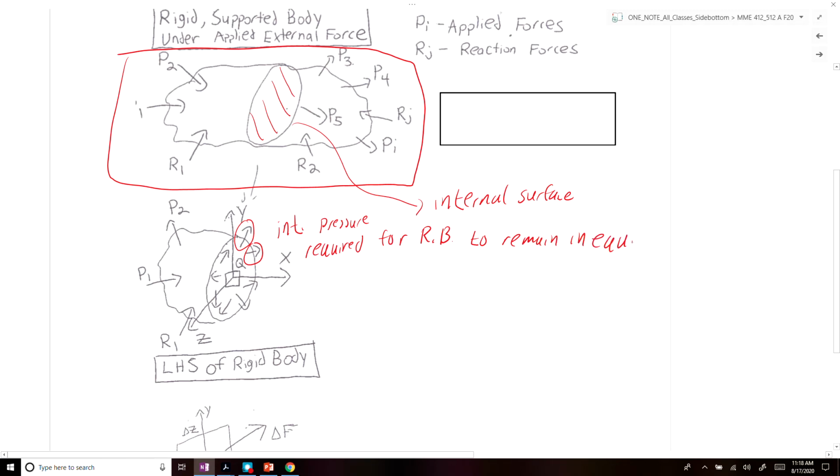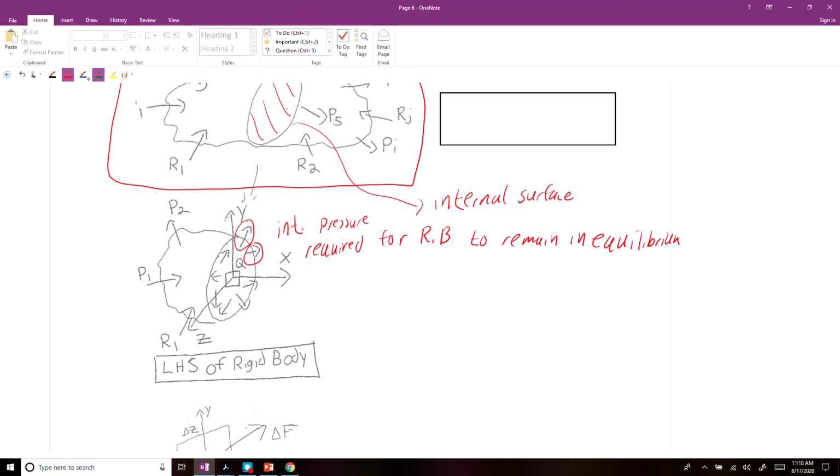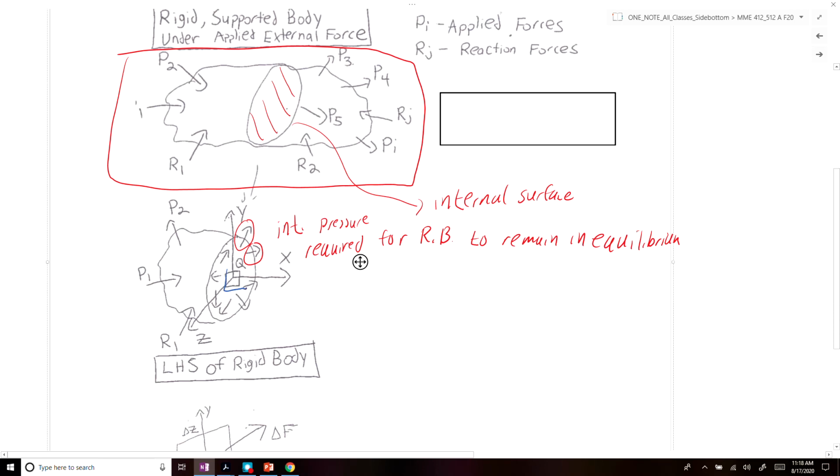If we look at a very small fraction of that surface, which I'll label as Q, the area around point Q, which is the center of the internal surface, we can say that there are three equivalent concentrated force components, which we'll call delta Fxx, delta Fxy, and delta Fxz.